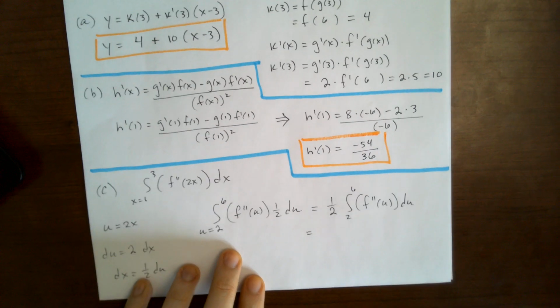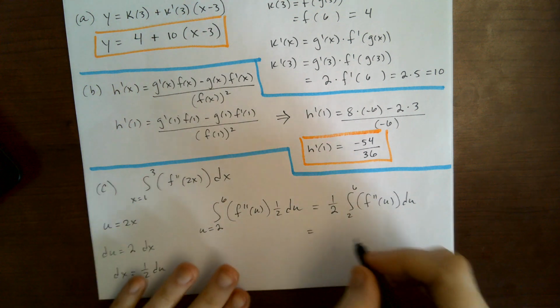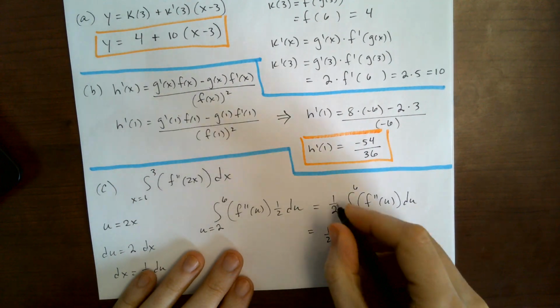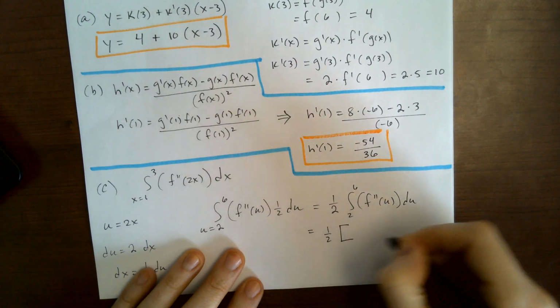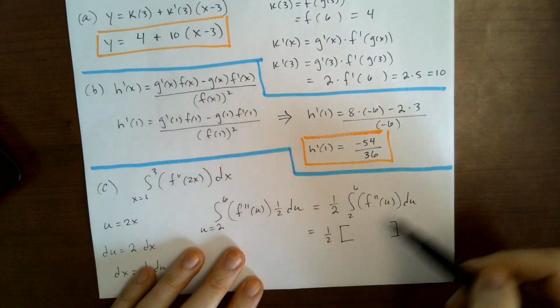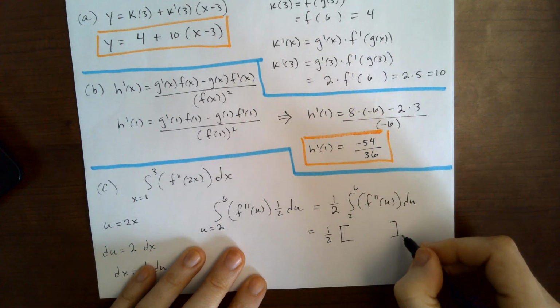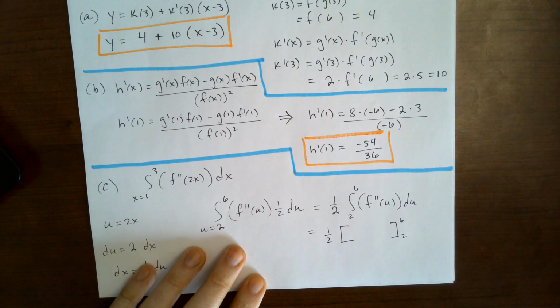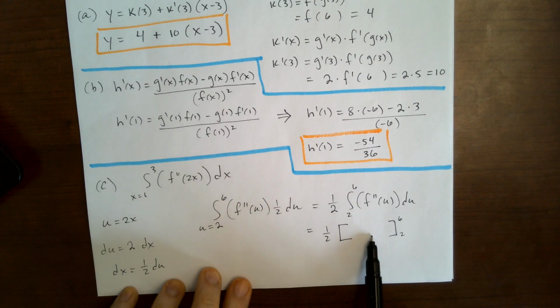Now I can do the fundamental theorem of calculus. If you have a constant out front, you bring it down. The du becomes a bracket, and then the 2 and the 6 go over here. And then the antiderivative goes inside of here.